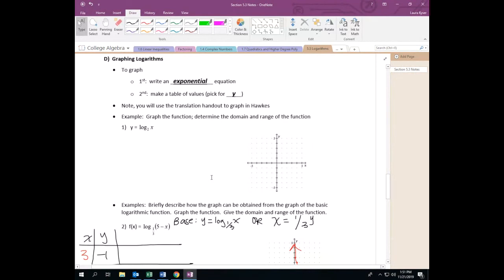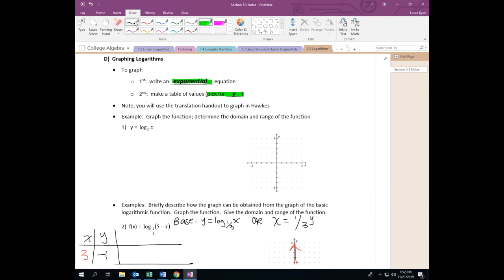And typically it is best to use the exponential form to look at these, especially when you have log bases that are something other than a common log or a natural log, because it's hard to find a parent graph to go by that uses one of the other bases. So typically it's best to translate into an exponential equation and then make a table of values, where in this case we're going to pick for y instead of x.